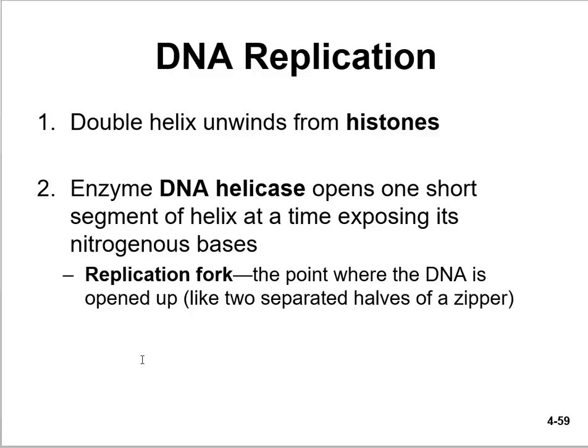An enzyme called DNA helicase will open one short segment of the helix at a time to expose those nitrogenous bases. That just involves breaking those weak hydrogen bonds holding the helix together. This creates a replication fork. This is the point where the DNA is opened up like two separated halves of a zipper.